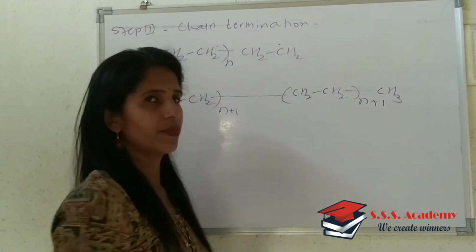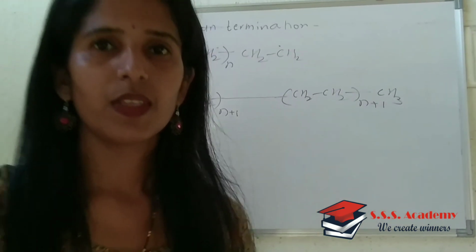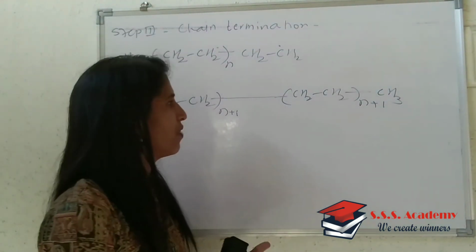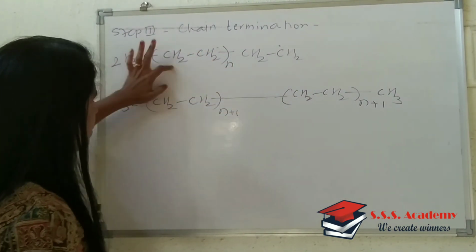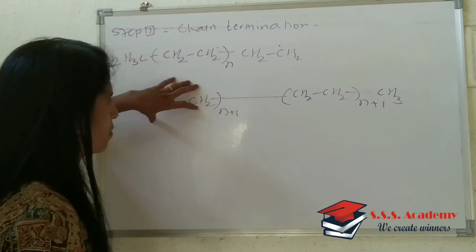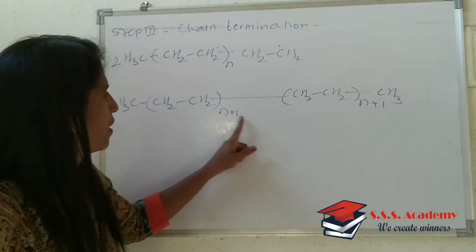Okay. So whatever those units are there, they get added. Is it clear to you why I have written +1? Because see, I have written the same unit CH3, CH2, CH2, with n. But with this n, this unit is there, na? Therefore I have added 1.